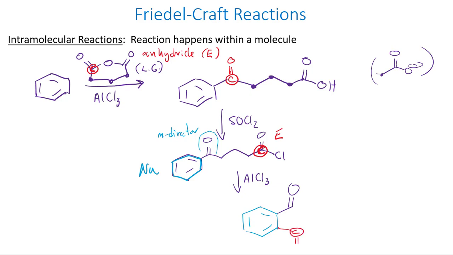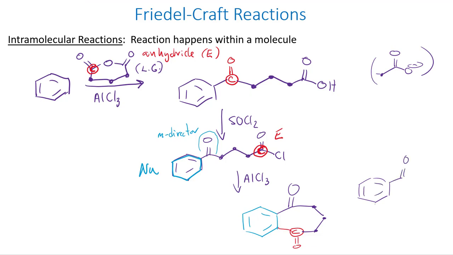So we'd have that carbonyl that's already attached to the ring. We have the circled carbonyl that was part of the acid chloride, and then we want to keep track of the fact that we have 3 carbons connecting those. And so our product here would actually be a 7-membered ring adjacent to our 6-membered ring. Now, it's not unreasonable to expect that that 7-membered chain could allow for meta substitution.